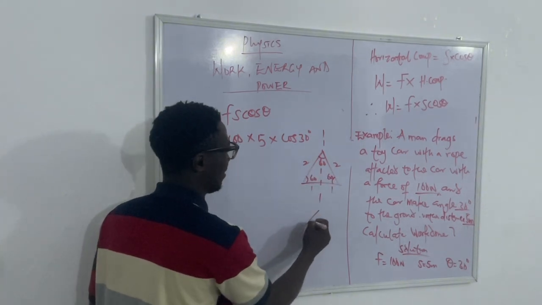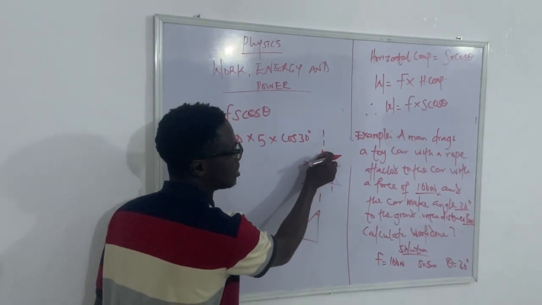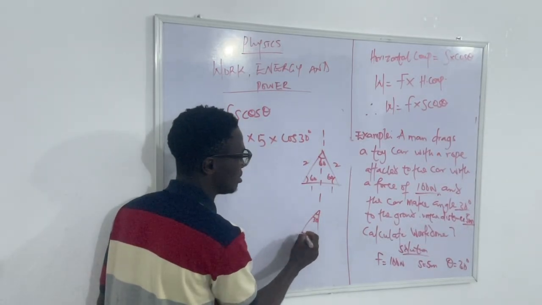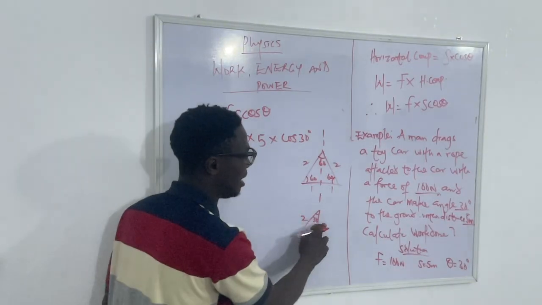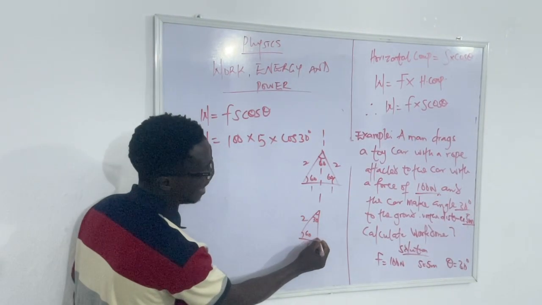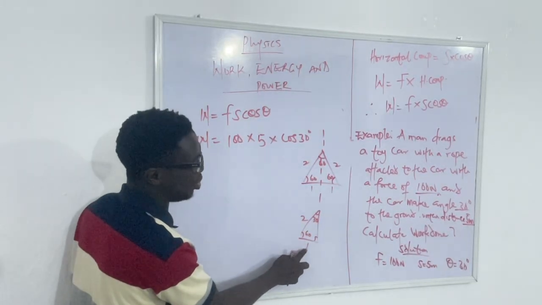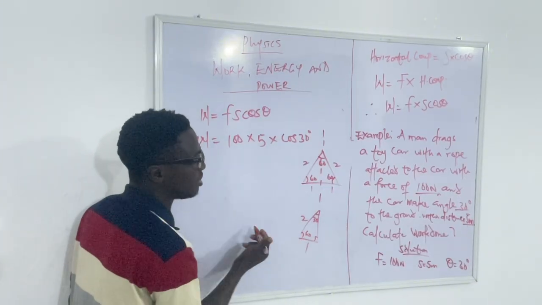So if I have a right angle triangle, here, if it cuts this angle into 2, here will be 30, here will be 60. So we have 2 here, we have 1 here. Solving by Pythagoras, the side facing 90 degrees is the hypotenuse. So here is the opposite to 30, adjacent to 60.